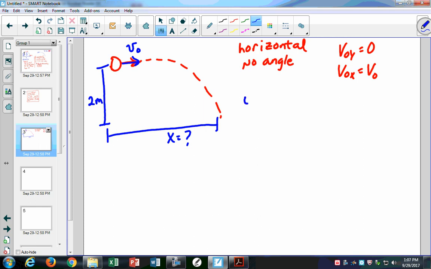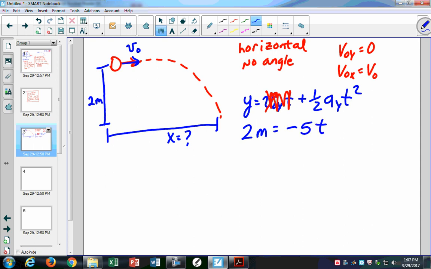And so I say y equals V naught y t plus 1/2 AY t squared. V naught y is 0 because it's horizontal, so this whole thing goes away. And then y, which is 2 meters, equals -5 t squared.